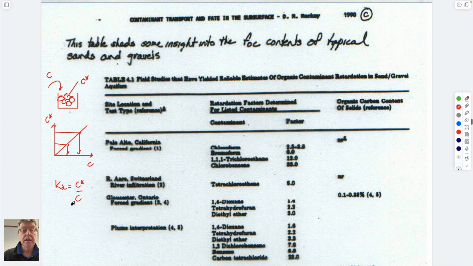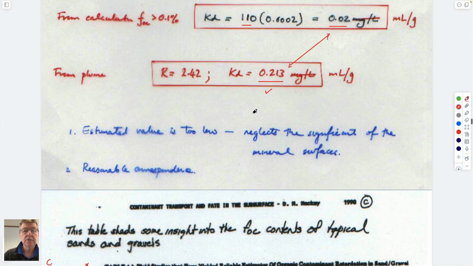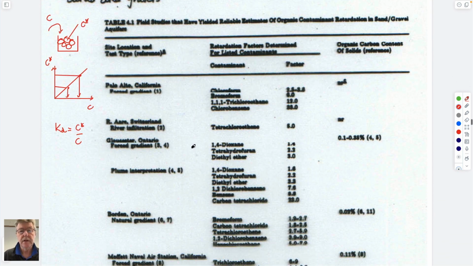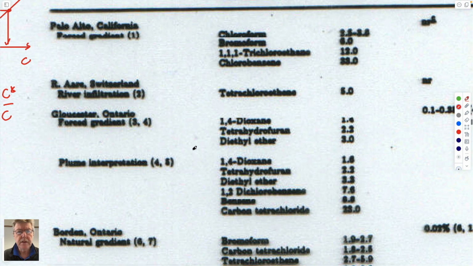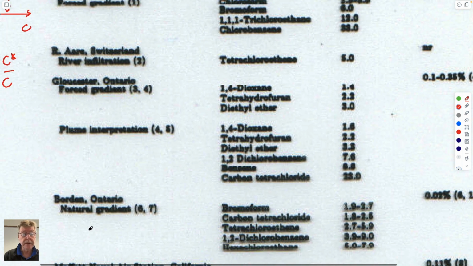If you look at values for these retardation coefficients, the retardation coefficient for Borden was just a little bit bigger for that particular compound, 2.5. This is a bad slide, but these are a whole bunch of hazardous waste sites around the world. Borden is the one we just looked at.